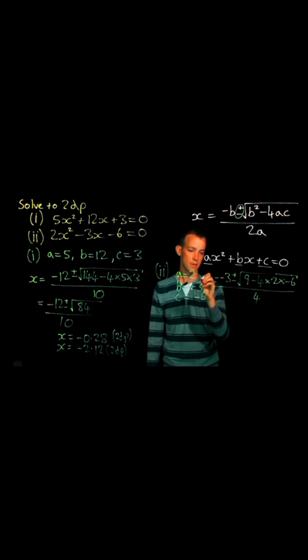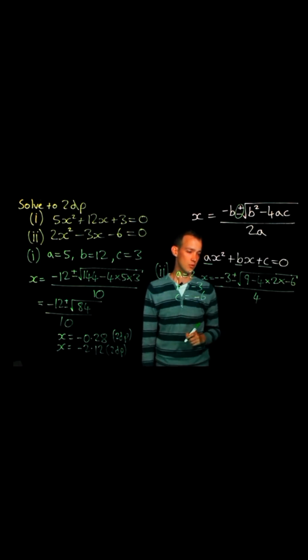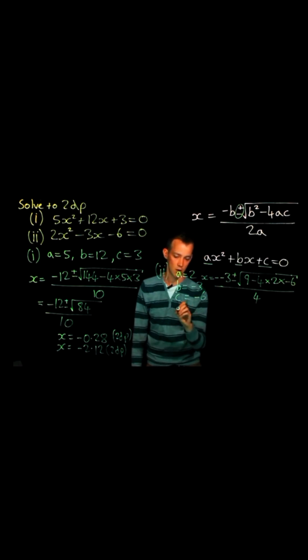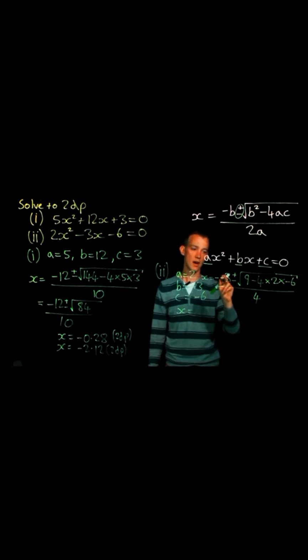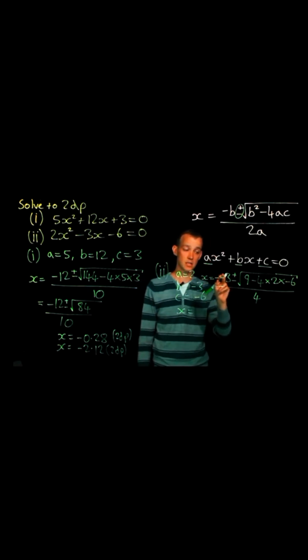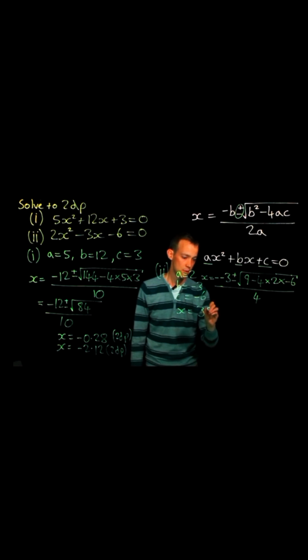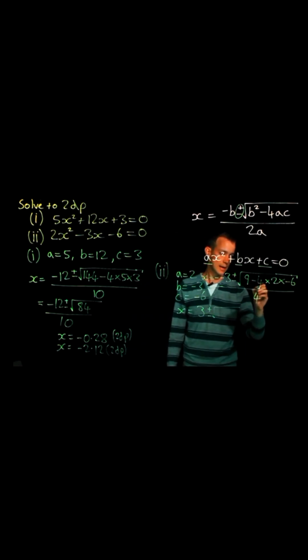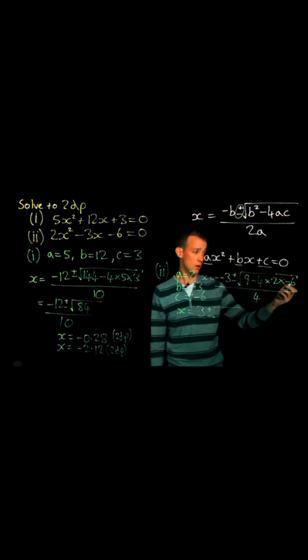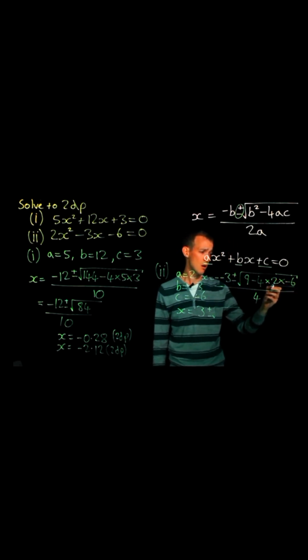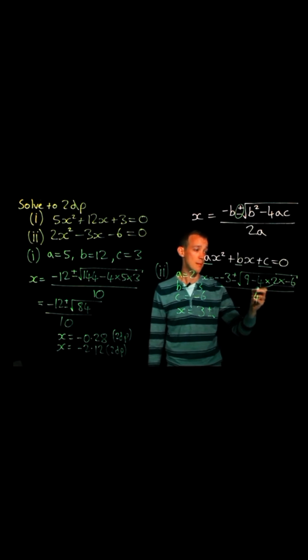And this whole thing, we said that x equals all of this. So I've got x equals minus minus 3. When 2 minuses are next to each other like this, it's the same as a positive 3. So I'm going to write this as 3 plus or minus the square root of, well, in this bit here, I have 2 times minus 6, which is minus 12. I'm then going to multiply minus 12 by minus 4.